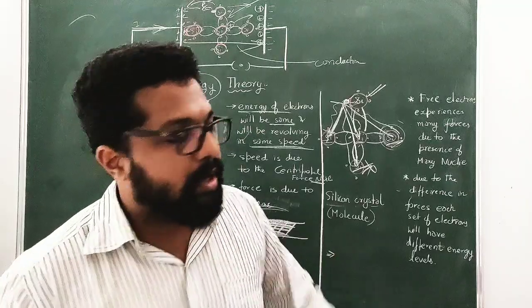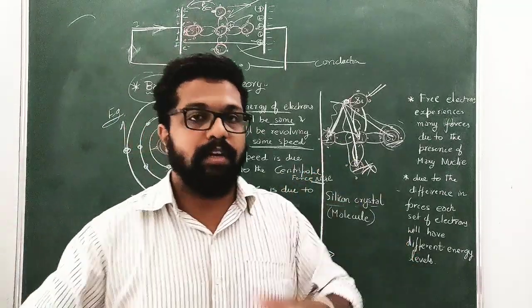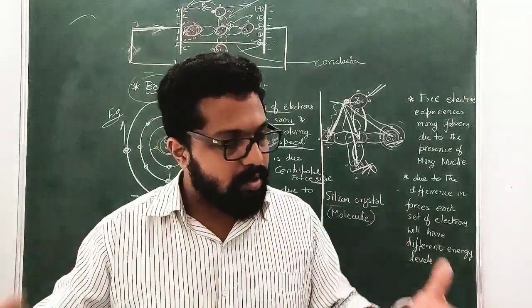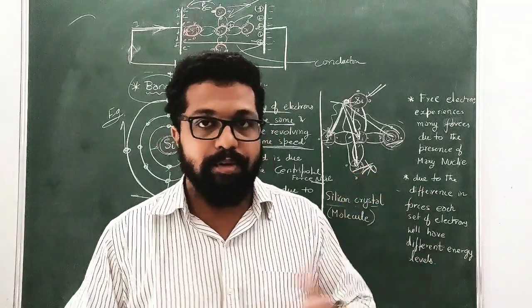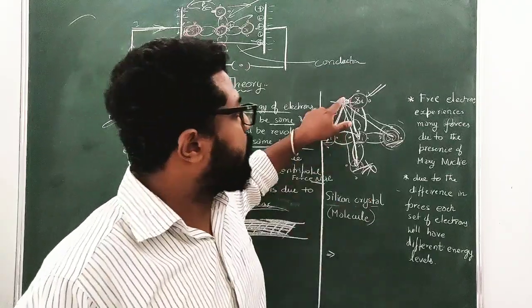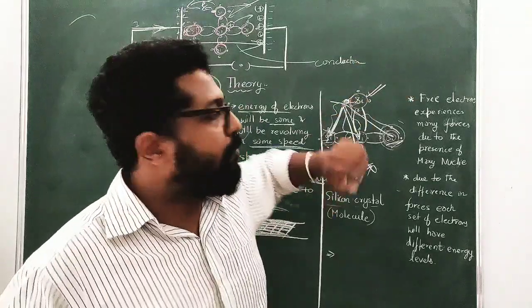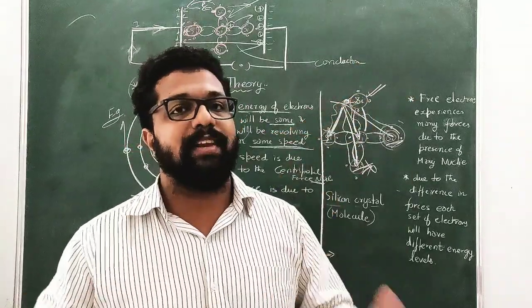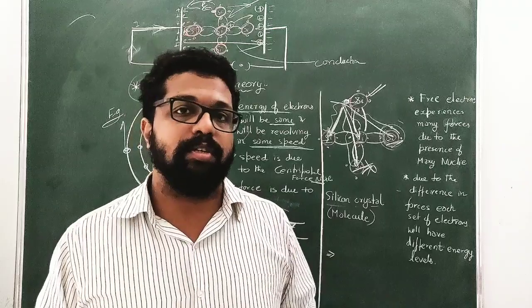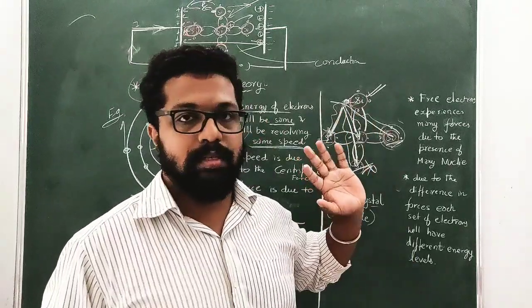In the same way, in a silicon crystal, it experiences different amounts of force, different amounts of energy, because of the different nuclei. That's the reason I can easily tell that every electron, or the one electron we have considered, will have different energy levels, that means different energy, because of the changes in its distance. Clear?